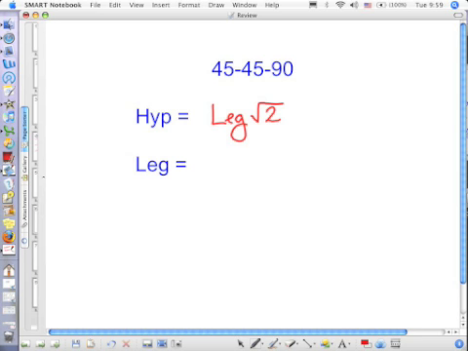But if you know the hypotenuse and you're looking for the leg, then instead you will divide by the square root of 2. This should be all already in your brain.